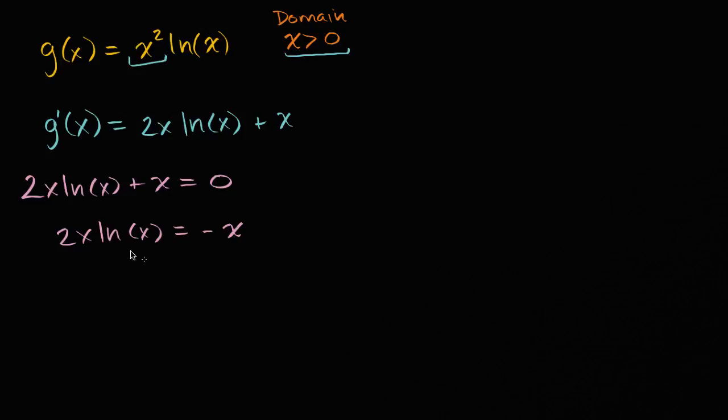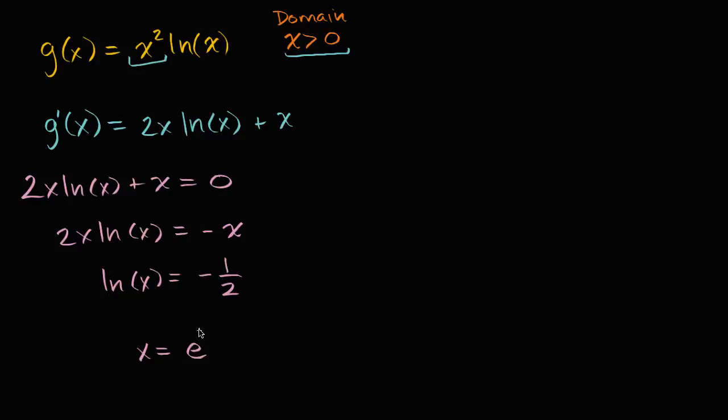Let's see, if we divide both sides by x, and we can do that, we know x isn't going to be 0. Our domain is x is greater than 0. Actually let's divide both sides by 2x. So then we get the natural log of x is equal to negative 1/2. Negative x divided by 2x is negative 1/2. Or we could say that x is equal to e to the negative 1/2. Remember, natural log is just log base e.